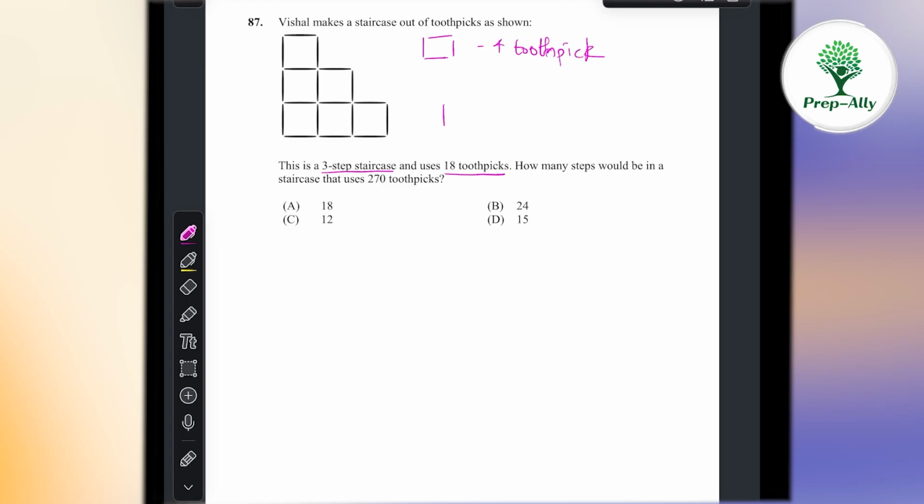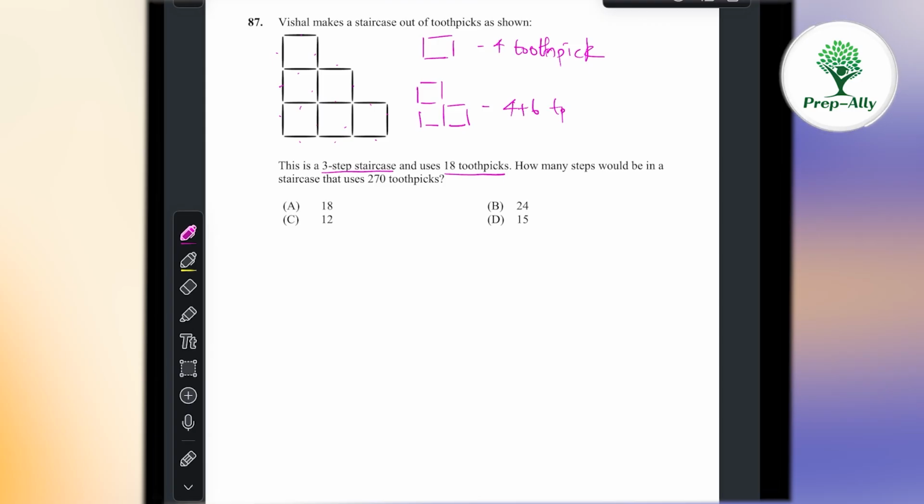For a 2-step staircase, it's 1, 2, 3, 4, and 5, 6, 7, 8, 9, 10. So 4 plus 6 toothpicks, and in this we have 1, 2, 3, 4, 5, 6, 7, 8, 9, 10 plus 1, 2, 3, 4, 5, 6, 7, 8.